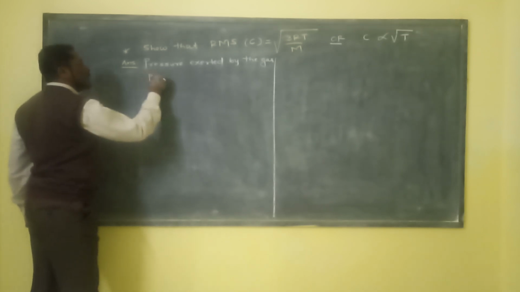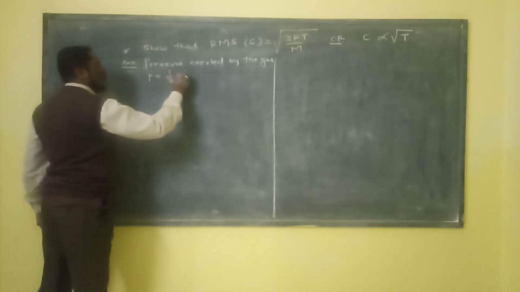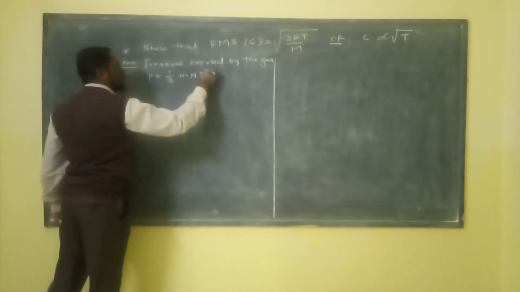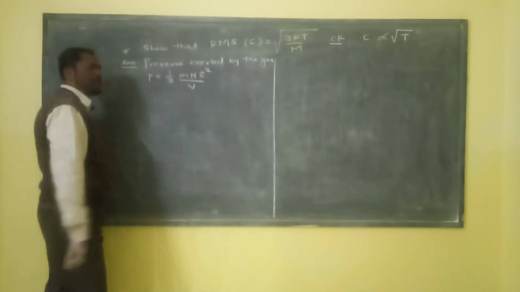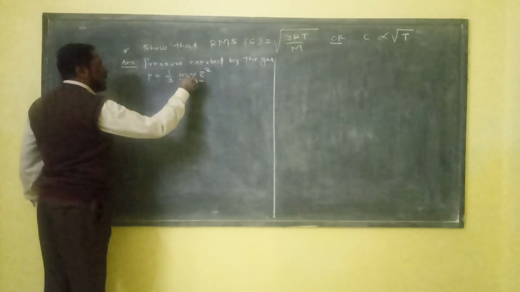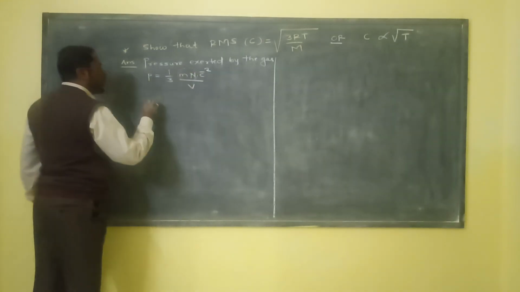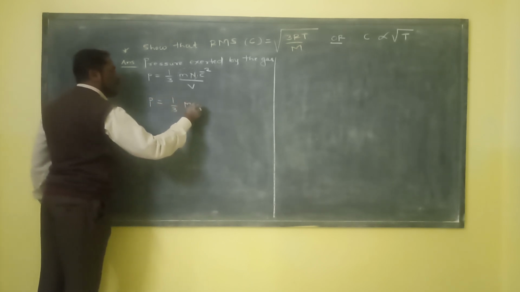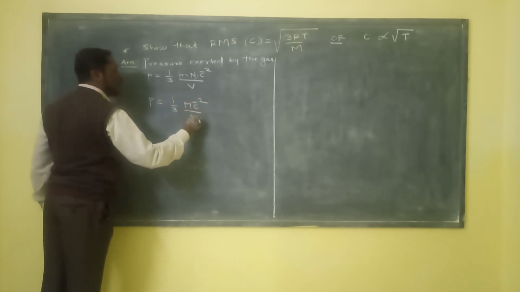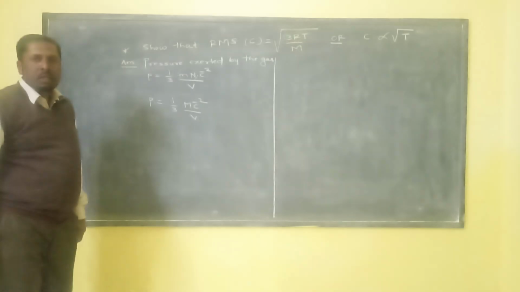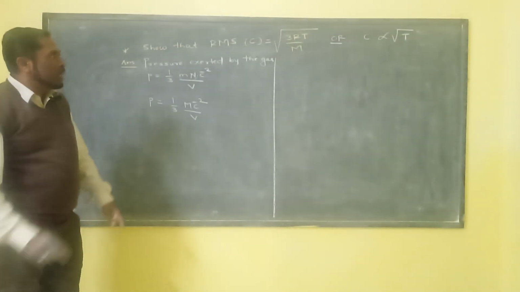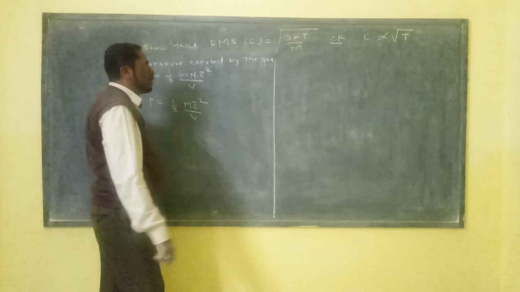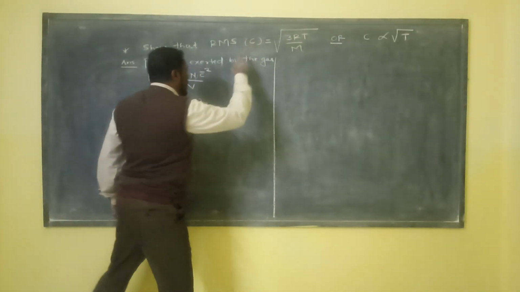P is equal to 1 upon 3 mn bar c square upon v. And you are well familiar with mn, we can write P is equal to 1 upon 3 capital M bar c square by v. Okay, this is up to the second line. Now the third line based on the question.